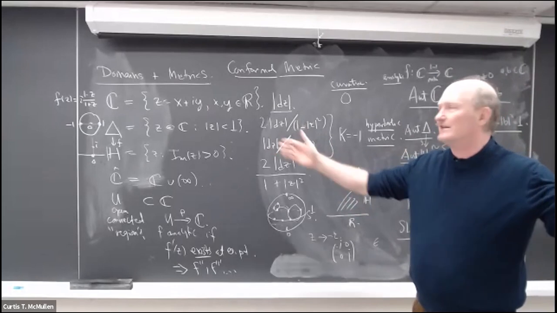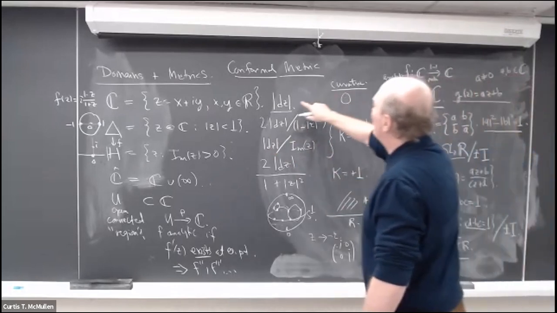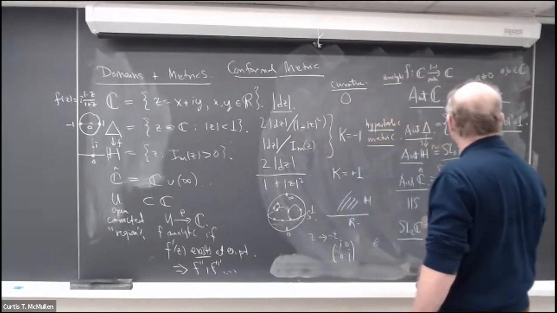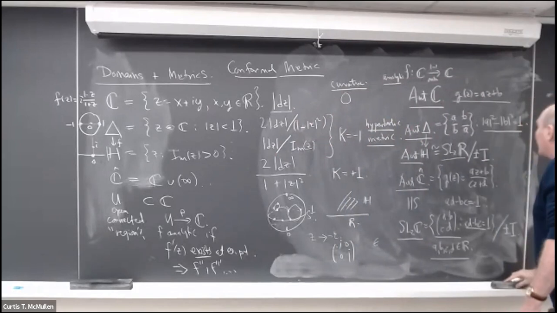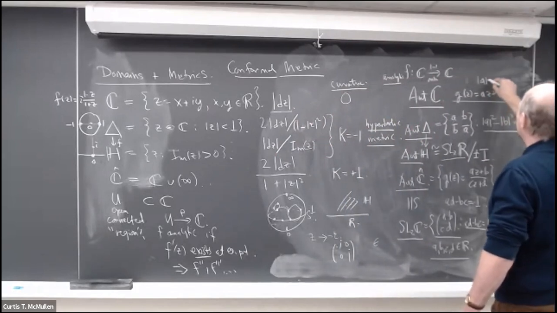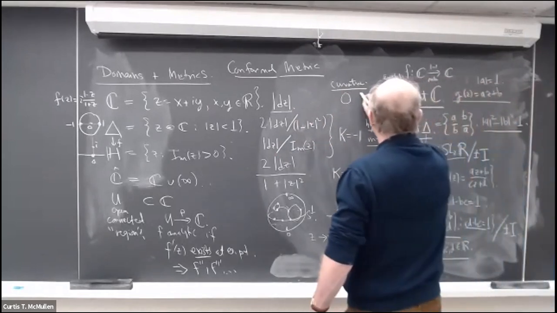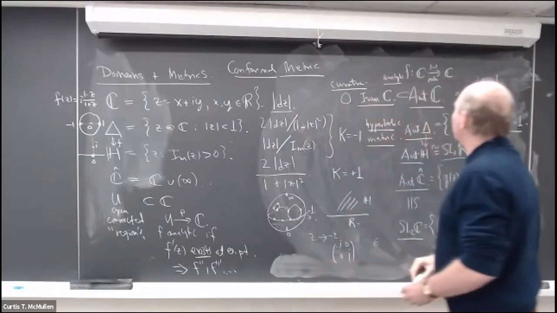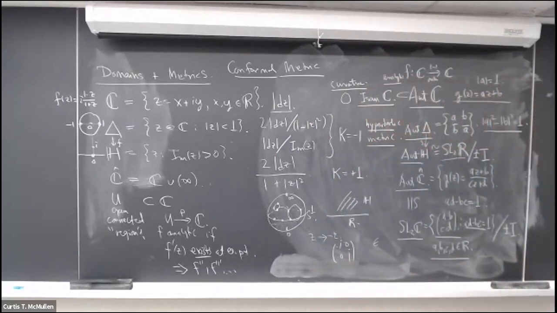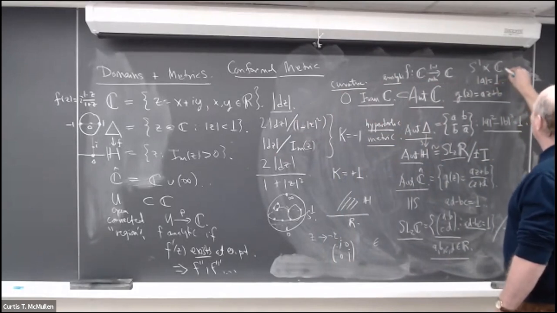It expands distances by a factor of 2. So this group does not quite preserve this metric, but there's a subgroup that acts transitively, which is the subgroup where we require the absolute value of a to be equal to 1. So sitting inside of this is the isometry group of the complex plane, and it's slightly smaller. It's the semi-direct product of S1 with the complex numbers.